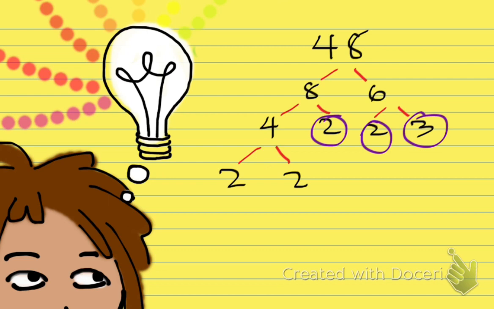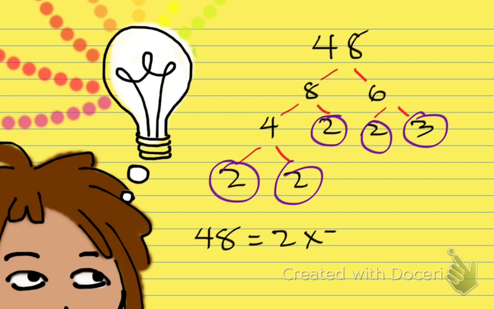Now we have prime factors of 48. We have 48 equals 2 times 2 times 2 times 2 times 3.